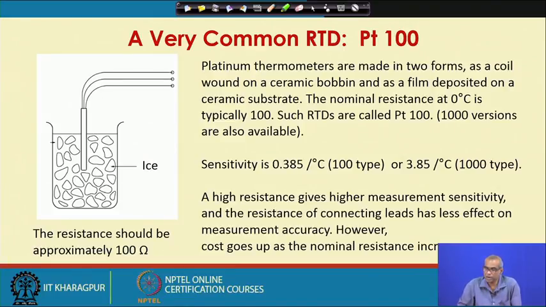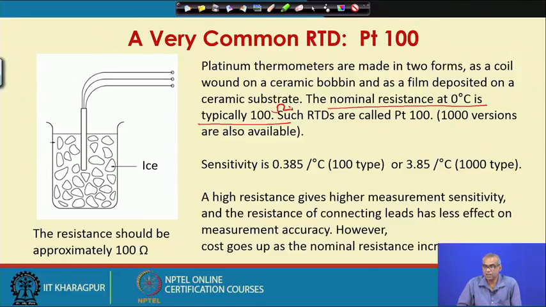The nominal resistance at 0 degree Celsius is typically 100 ohm and that is why it is called platinum 100. So, PT100 means this is an RTD made of platinum and the nominal resistance of this platinum RTD is 100 ohm at 0 degree Celsius.